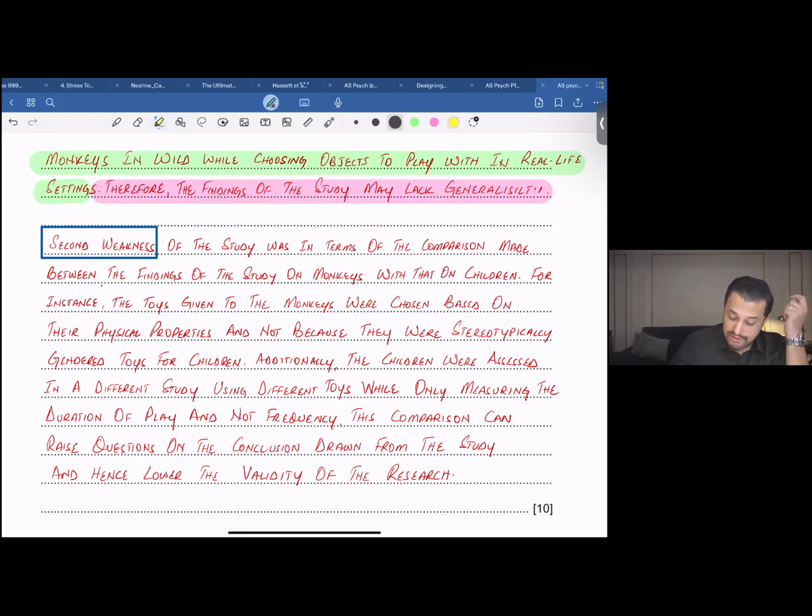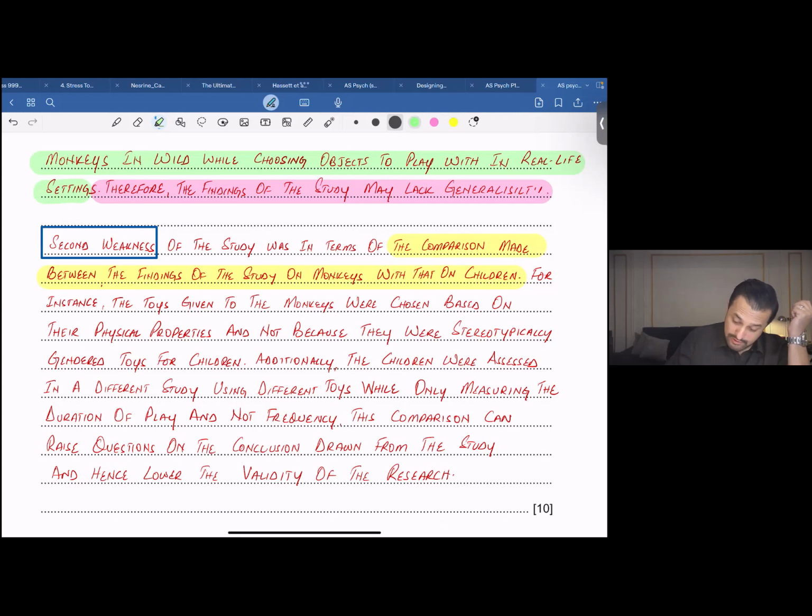The second weakness of the study was in terms of the comparisons made between the findings of the study on monkeys with that on children. Now, as you all must be aware, the research that was conducted by Hassett et al., the procedure, it entailed monkeys, right? But towards the end, the findings of the study were to be compared with another study that was conducted on children, right?